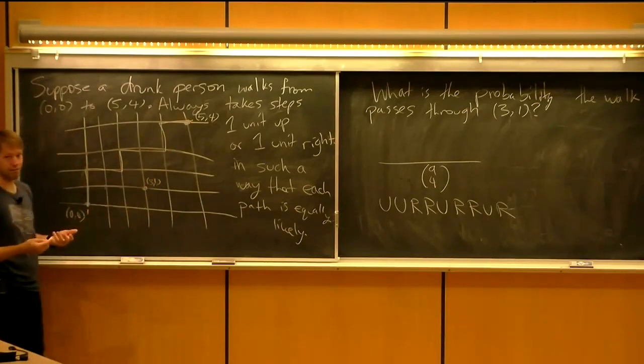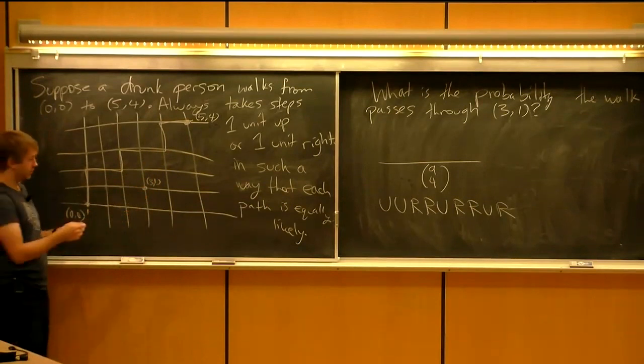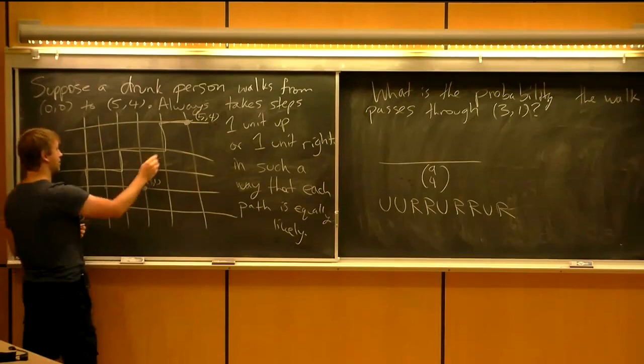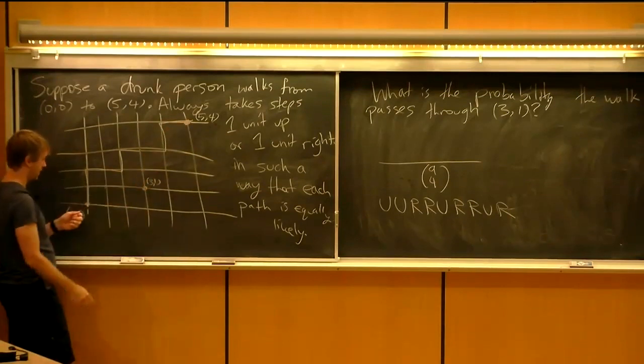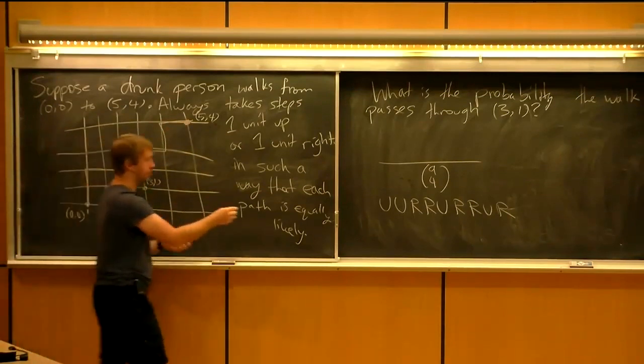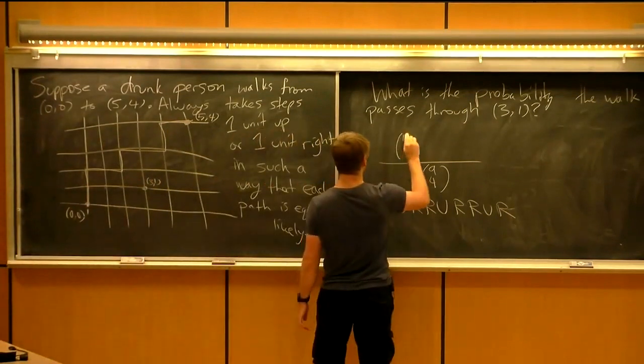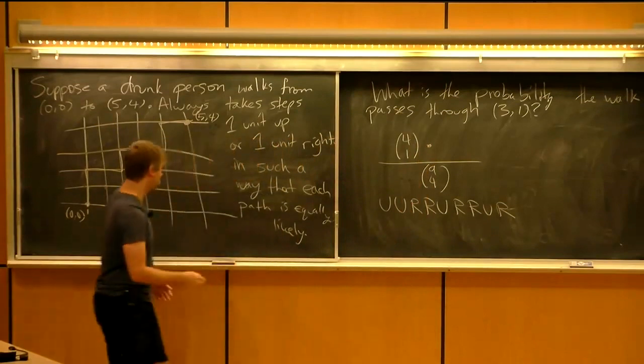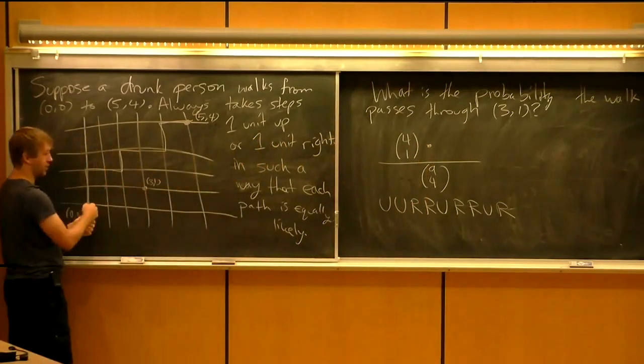So it's a 2-step process, right? You want how many paths there are from here to here times how many paths there are from here to here. From here to here, it's the same idea as before. It's going to be 4 choose 1, because from here to here, you take 4 steps and only one of them goes up.